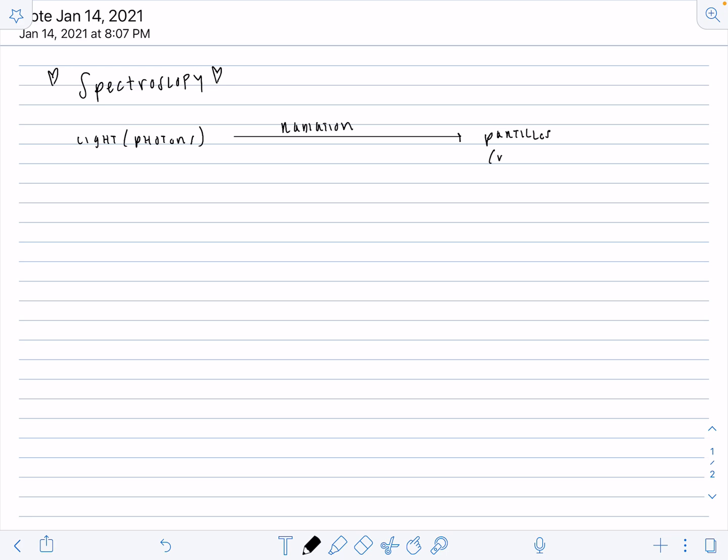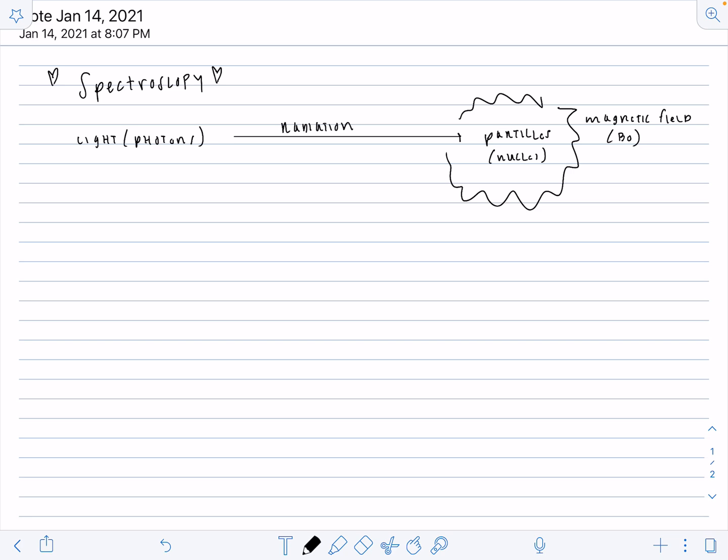And we refer to these particles by their nuclei because that's what we care about the most. And they are surrounded by a magnetic field, aka B naught, but I call it Bo. So if you hear me call it Bo, then I'm saying it wrong, but it's cute, so don't worry about it. There are different kinds of spectroscopy. There's infrared, UV vis, and NMR, and we care about NMR, at least in this lecture.